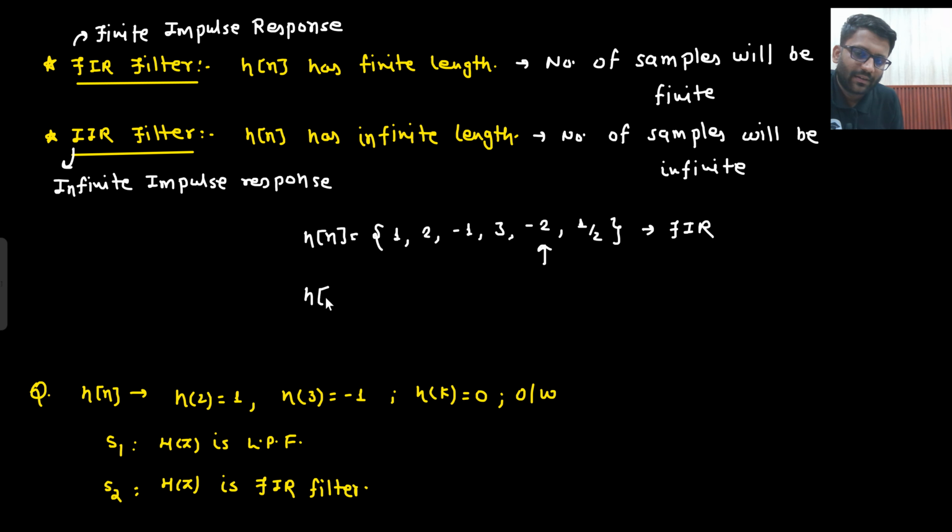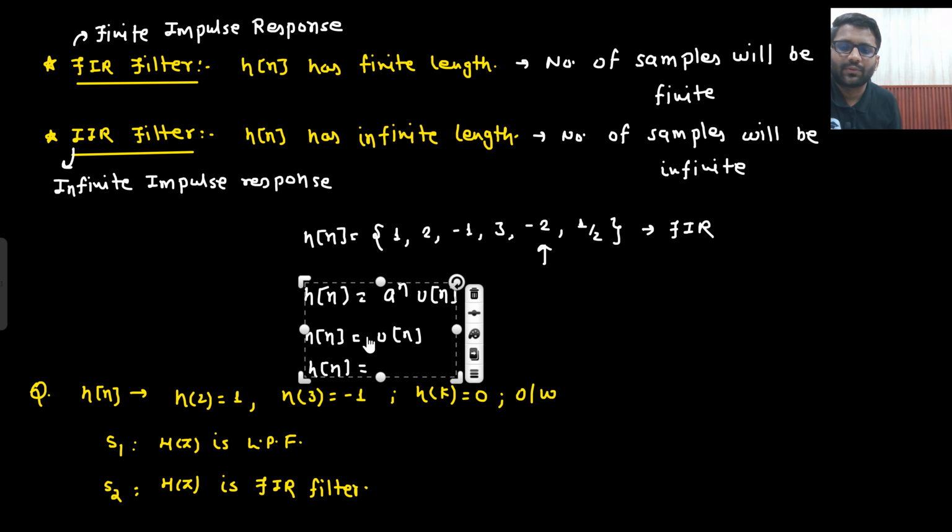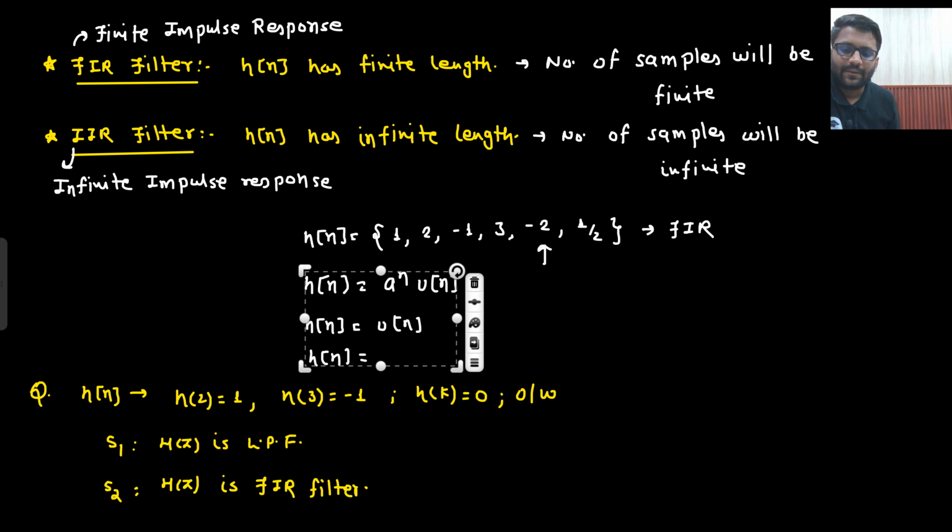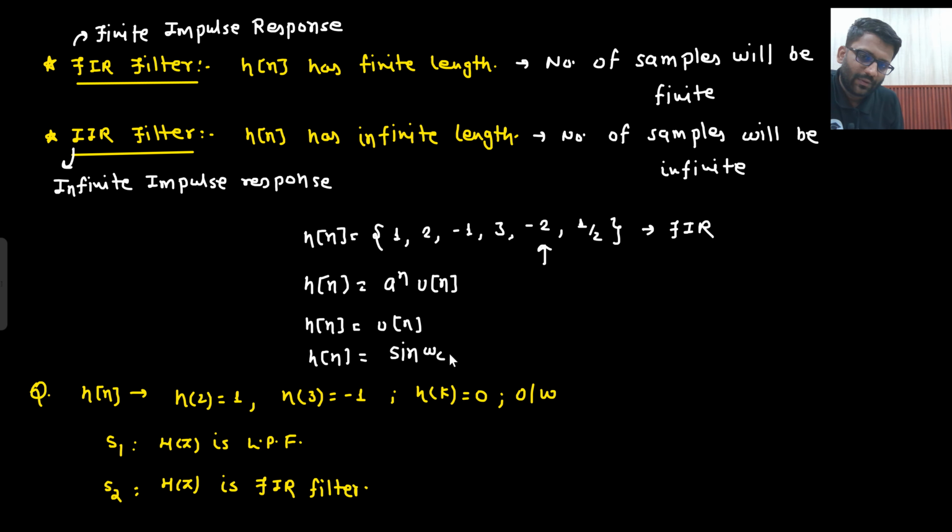And what about IIR? Just a^n u(n). Or h(n) equals u(n) only. Or h(n) equals sin(ωc n) upon πn.